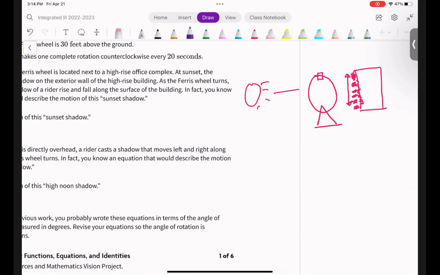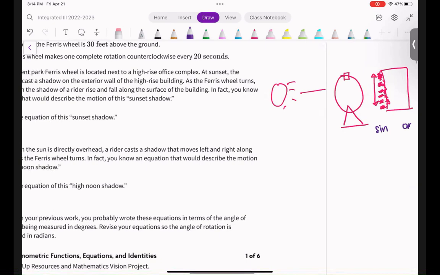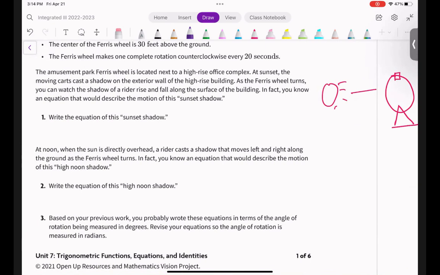So when you think of up and down, who do you think of? Sine or cosine? Hopefully you said sine, because sine is closer to our y variable, right, of moving up and down.